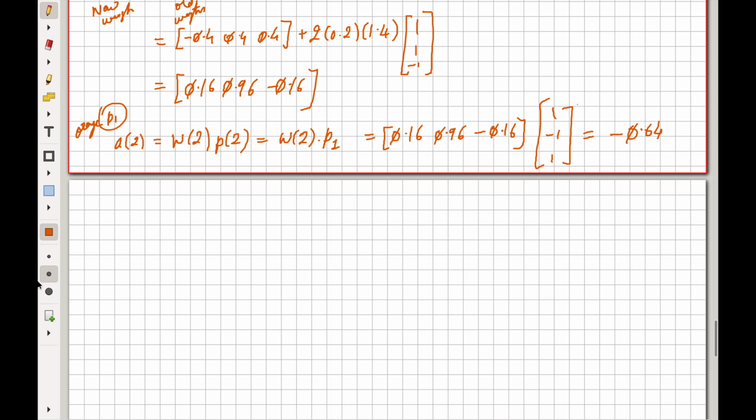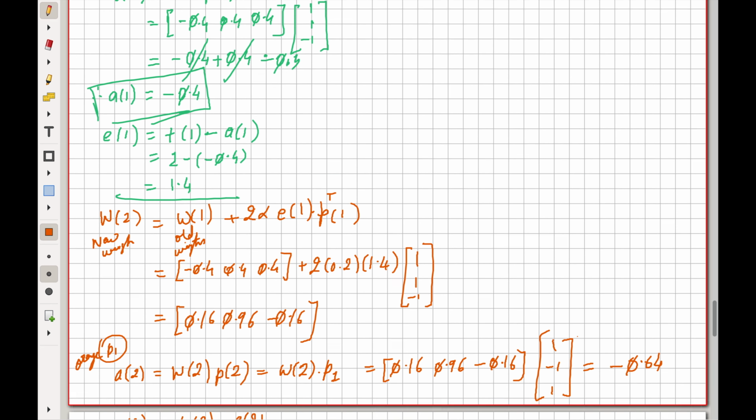Again the steps repeat. We go back and calculate the error with this. This is going to be T2 minus A2, where T2 is the target for the input P1. So target P1 minus A2, which we calculated above.